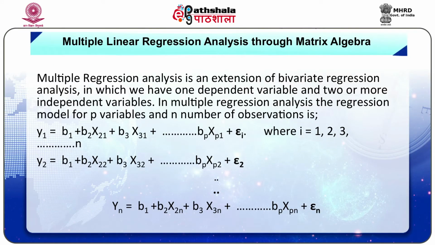In multiple regression analysis, the regression model for p variables and n number of observations is y1 is equal to b1 plus b2 x21 plus b3 x31 plus bp xp1 plus epsilon i, where i is equal to 1, 2, 3 n. y2 is equal to b1 plus b2 x22 plus b3 x32 plus bp xp2 plus epsilon 2, and yn is equal to b1 plus b2 x2n plus b3 x3n plus bp xpn plus epsilon n.